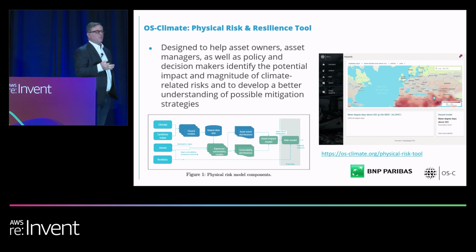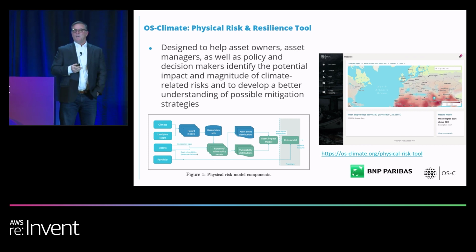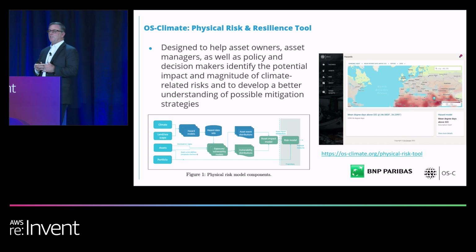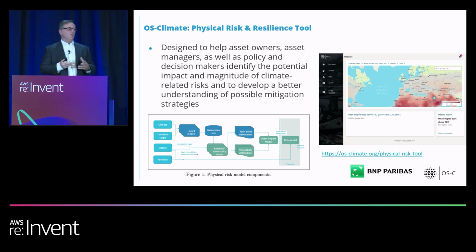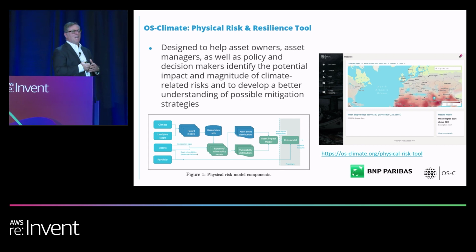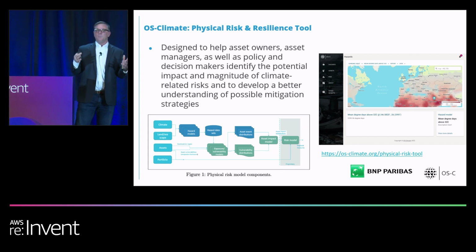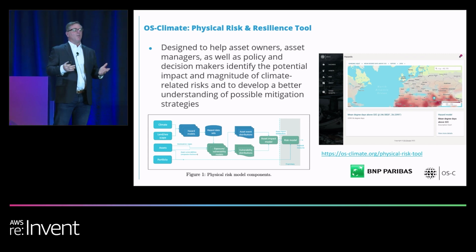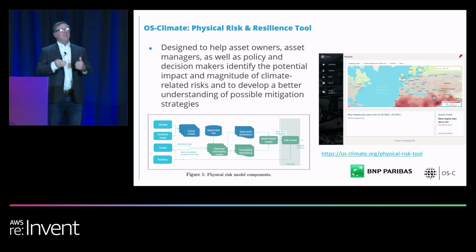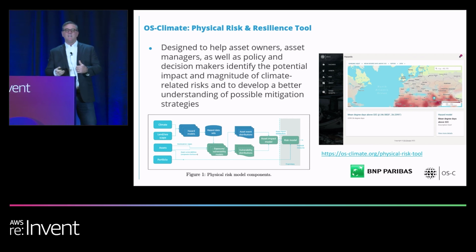So the physical risk and resilience tool is actually built by BNP Paribas. And they have 8 people building this tool to identify the risks of their assets. But they determined that it's not a core competency for the bank, and that if they take all of the code and make it available to the open source community, other organizations will move faster in identifying their overall risks and understanding the mitigation strategies that they can take, right?